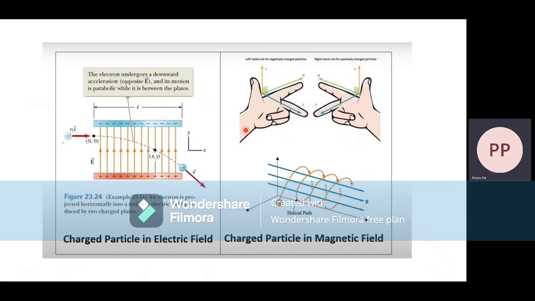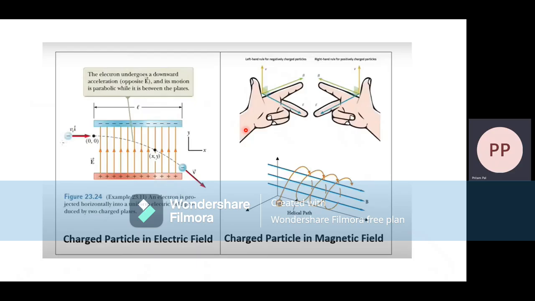So when it moves through an electric field, it is going to be shifted towards the positive if the particle is negative, or shifted towards the negative if it was positively charged.